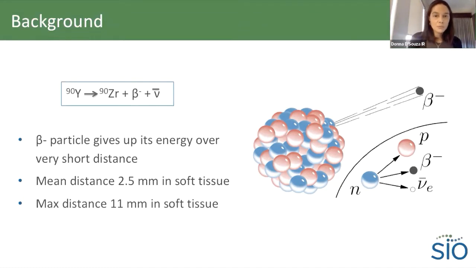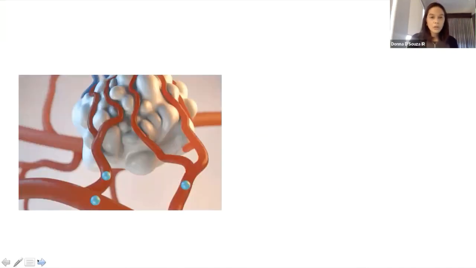And Justin's already talked about adequately covering the tumor with what we call radiation clouds. If you think of where the spheres deposit inside the tumor, then you want enough spheres that you have the beta minus particles, which form a radiation cloud as they travel away from the sphere, to cover all of the tumor.